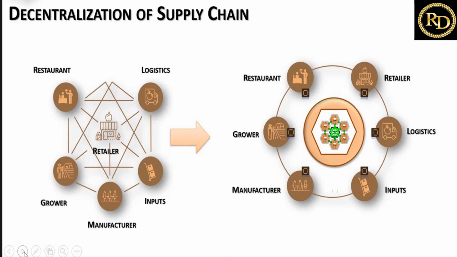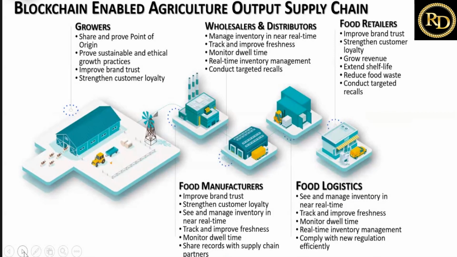The grower can sell to any retailer and use any logistics supplier, and similarly the input provider can deliver to any grower, and all of that information can be part of the blockchain. Further, through smart contracts, you can ensure that everybody who is part of the network has no way of backing out of a specific contract. So this is a typical blockchain-enabled agriculture output supply chain.